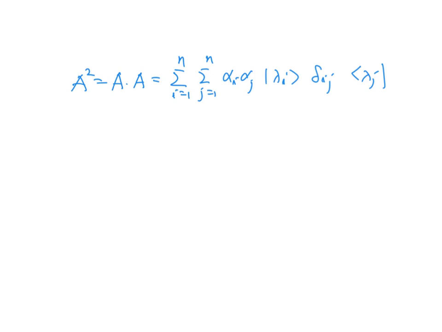But delta ij is 1 when i and j are the same, and 0 when i and j are different. So it can be written in a simple way: sum over i equal to 1 to n of alpha i squared, lambda i.